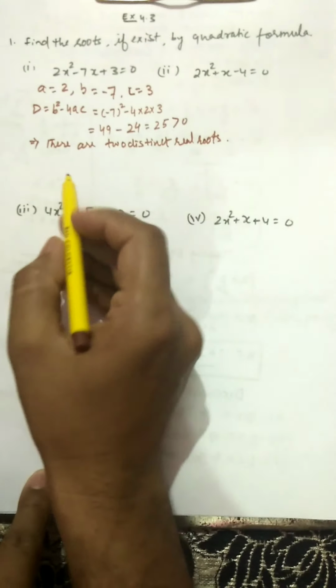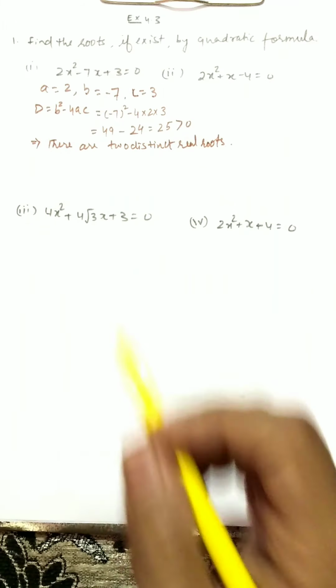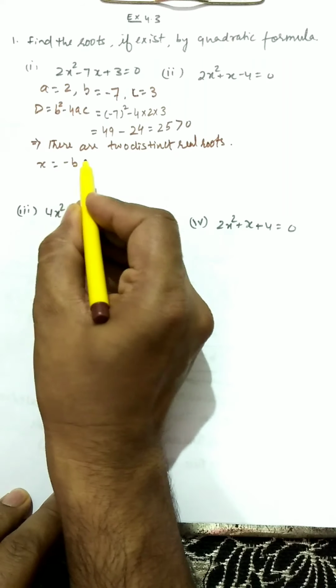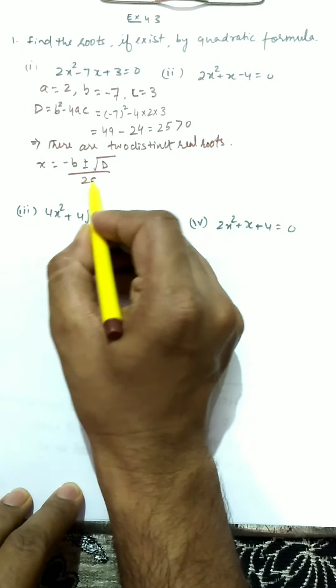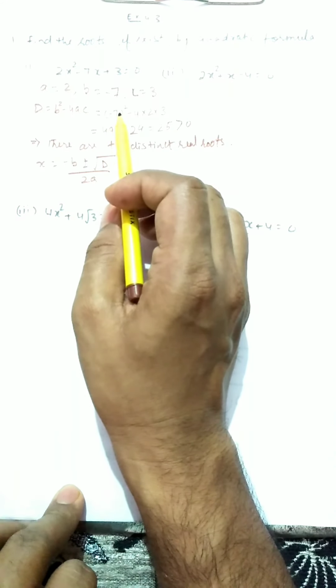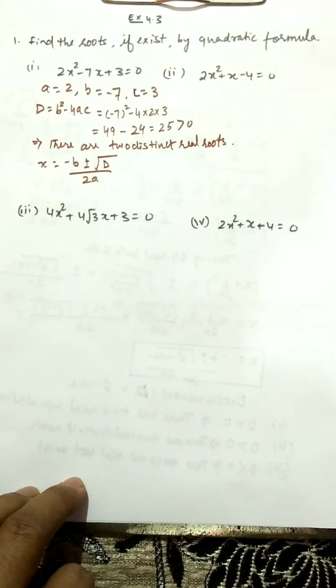And how can you find these distinct real roots? We'll use the formula. Your formula is x equal to minus b plus minus under root D upon 2a, because you have already calculated the value of D. So I put the value of D directly there.